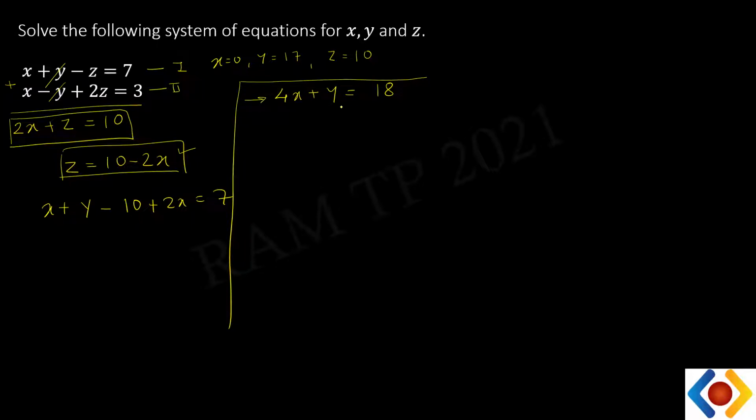Yes, a new problem. Sir, I can get a set of answers. Here we can take y equals 18 minus 4x. Sir, we can plot this line on the graph and get all the solutions. Sir, it will come as 18 equals 18.